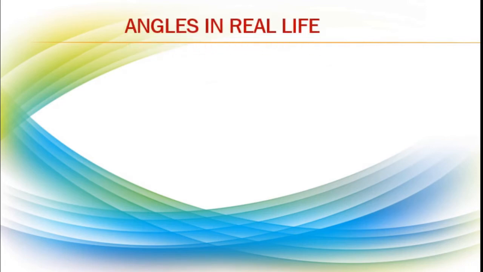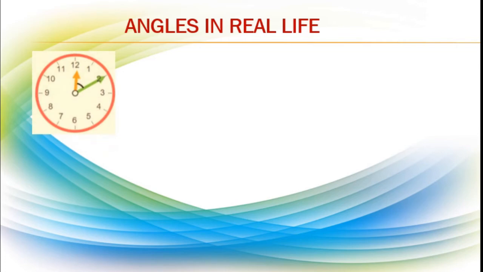Again we will move to real life. See students, here see the two hands of our wall clock. Are they at 90 degrees? No, they are less than 90 degrees. See, this is the angle formed between the two hands, that is less than 90 degrees, right?